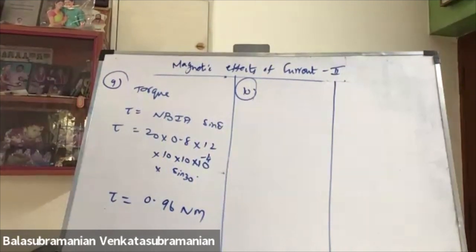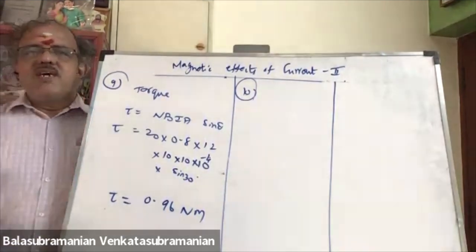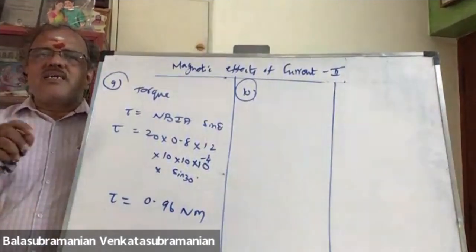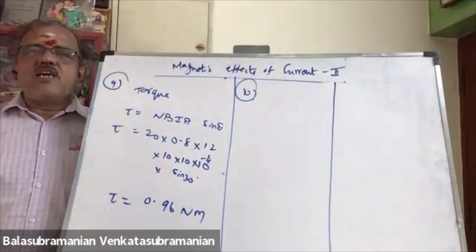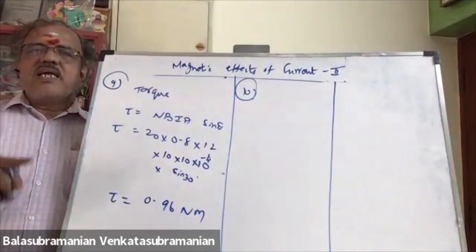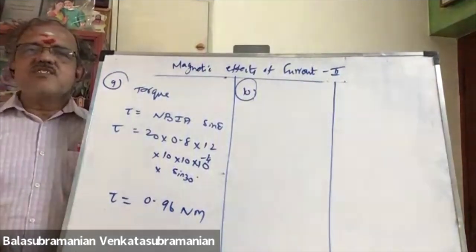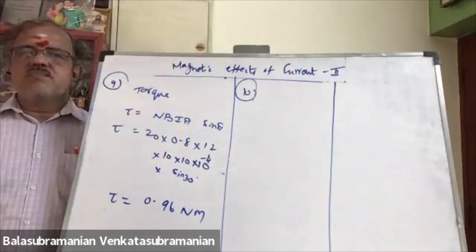Explain why the path of the electron is a circle. Determine the radius of the circular orbit. Whenever a charged particle enters a magnetic field, it experiences a force. Current carrying conductor: B I L sin theta. Single charge means B Q V sin theta.